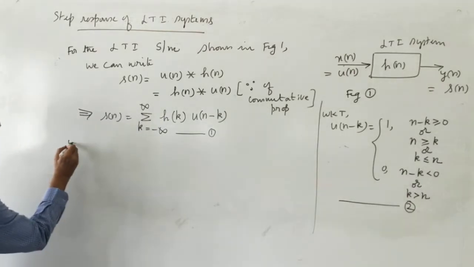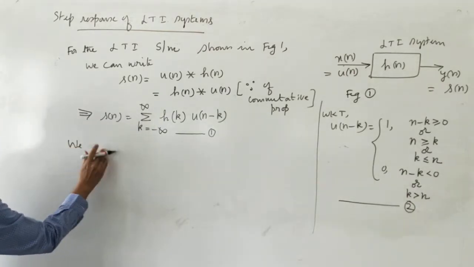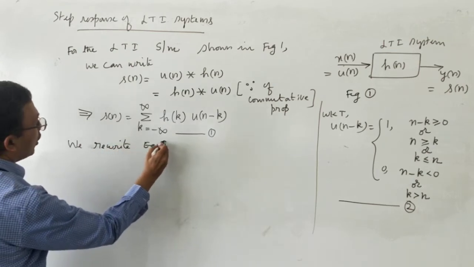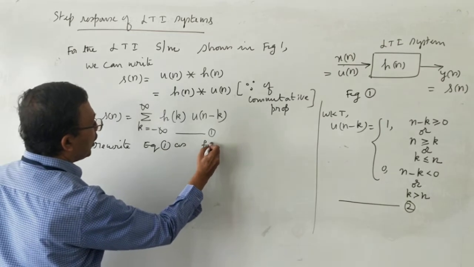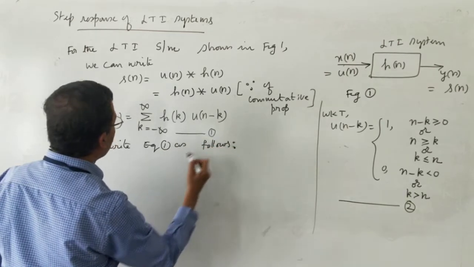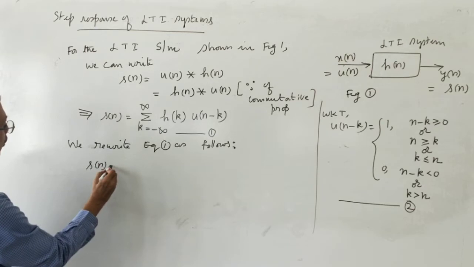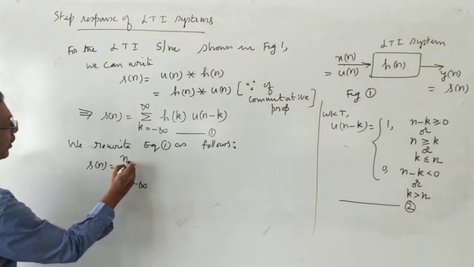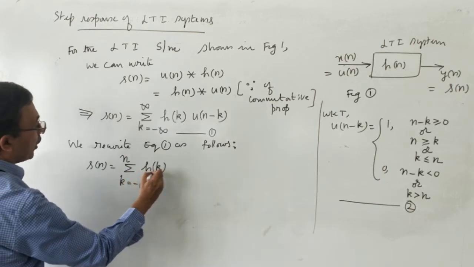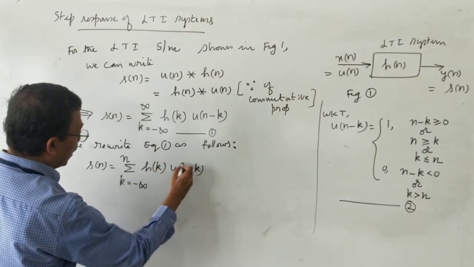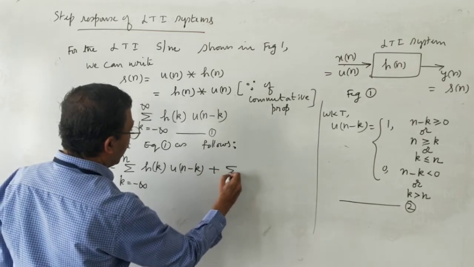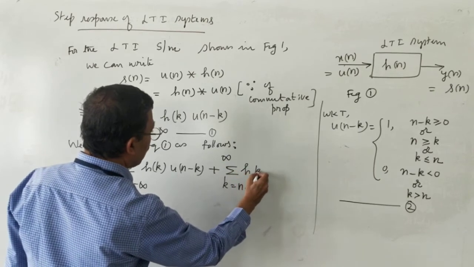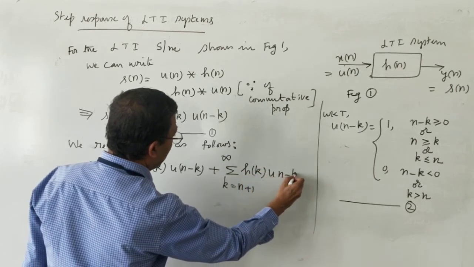We rewrite equation 1 as follows. S of n is equal to summation k equals minus infinity to n h of k into u of n minus k, plus summation k equals n plus 1 to infinity h of k into u of n minus k.